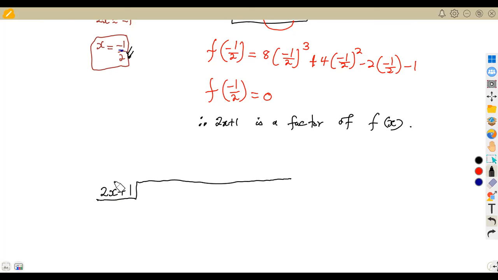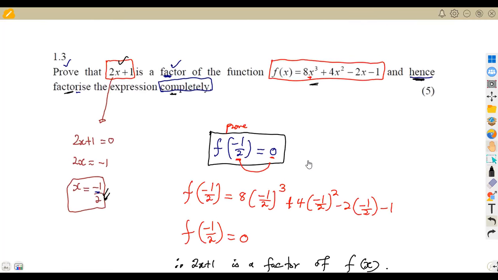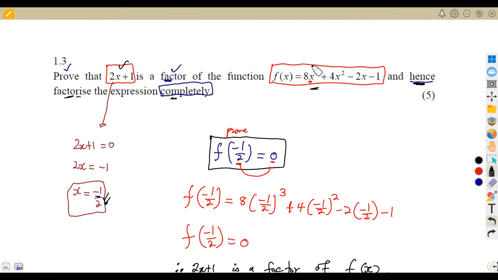We are no longer going there, because if it was just factorize this, then that's where you start to check for the factors, because we are just given an expression. But here, the moment they are saying hence, it's a continuation from what you already proved, that it's a factor.